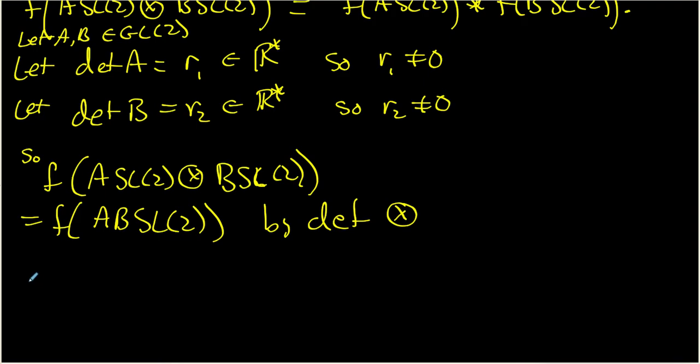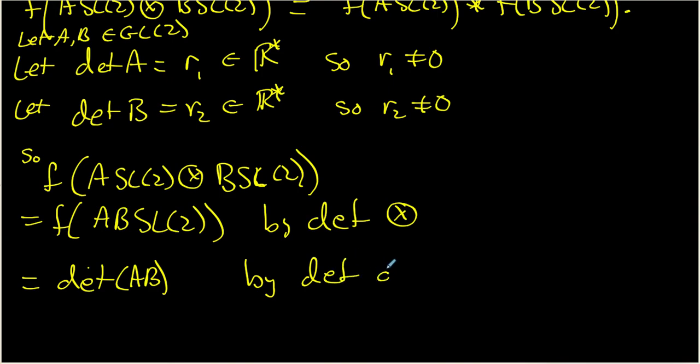But I know what F does. F sends a left coset to the determinant of the representative. So the definition of F says that F of that left coset is the determinant of A times B. And that's by the definition of F itself.